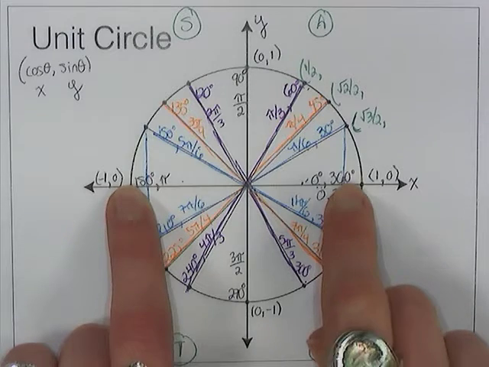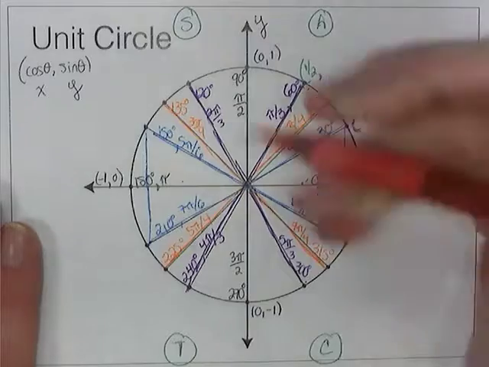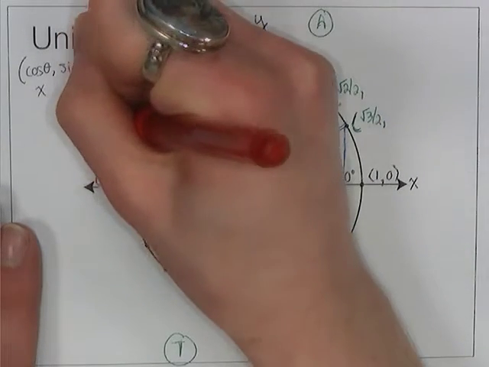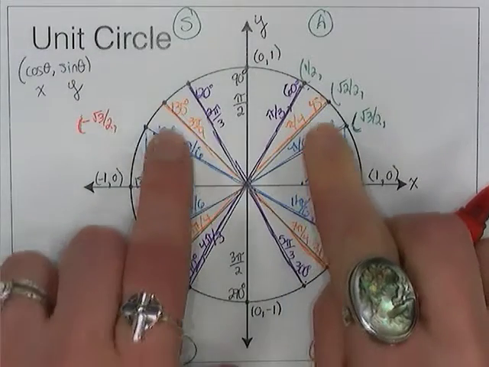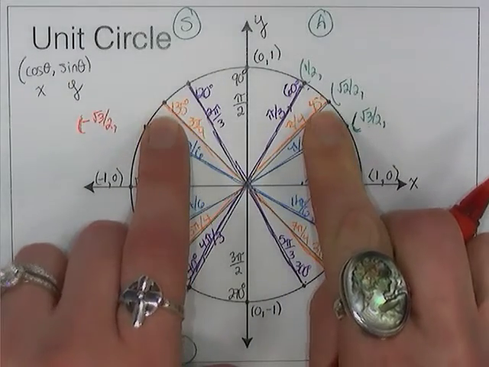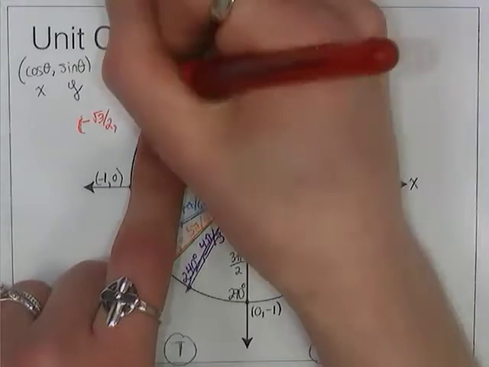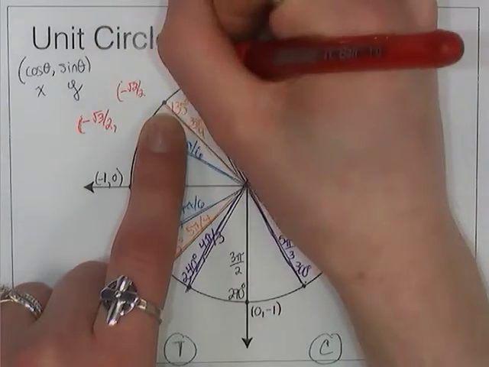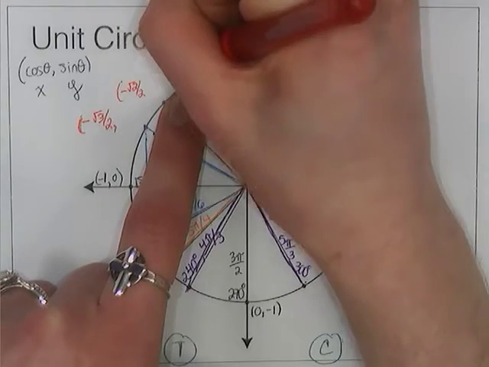It's just that this one's positive and that one's going to be negative. So right here, it's going to be negative √3/2. The orange ones, same reference angles, same absolute value to their x coordinates, but that one's positive, that's negative. So negative √2/2, same idea up here, and that's going to be -1/2.